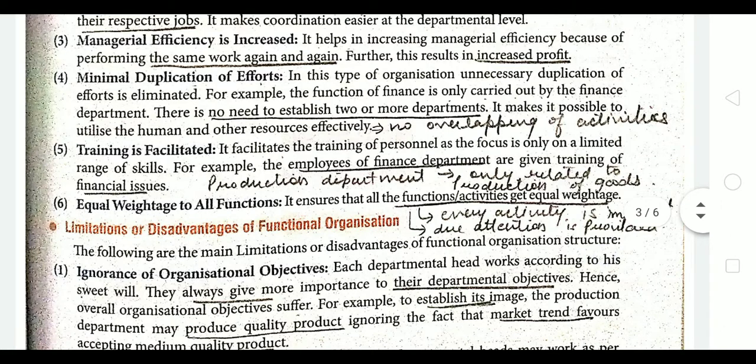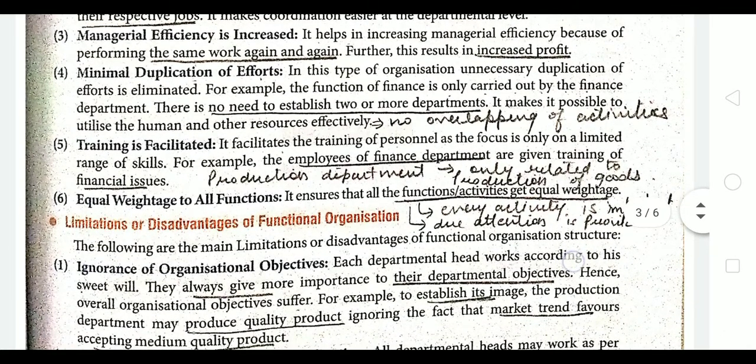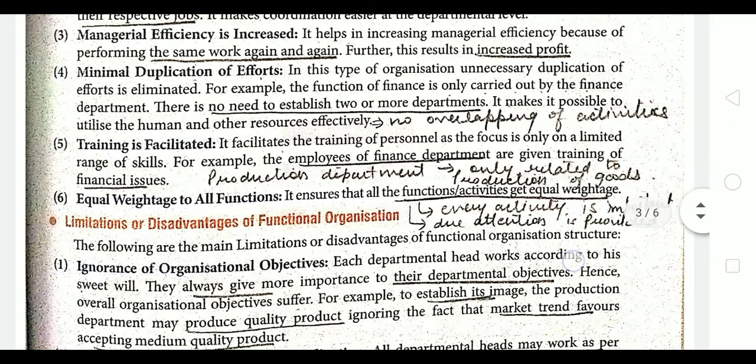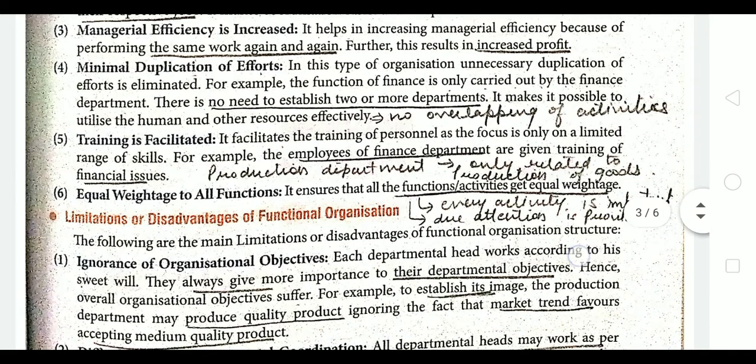Next is minimal duplication of efforts. As we have already discussed in the organizing process, it reduces overlapping and duplication of efforts. Why? Because every department knows what work they have to do. So no need to establish two or more departments. No overlapping of activities is carried out, so automatically there is no duplication of the work.